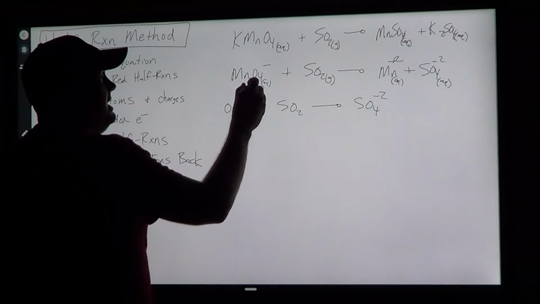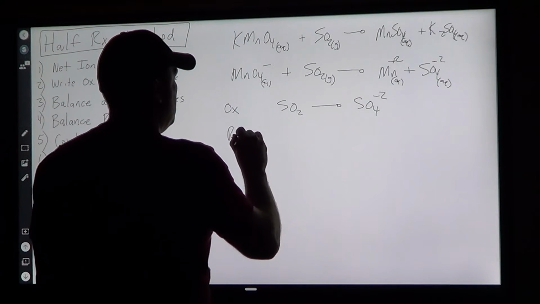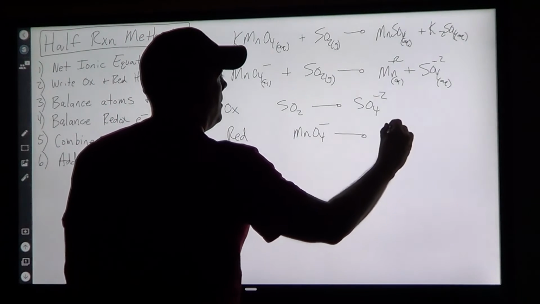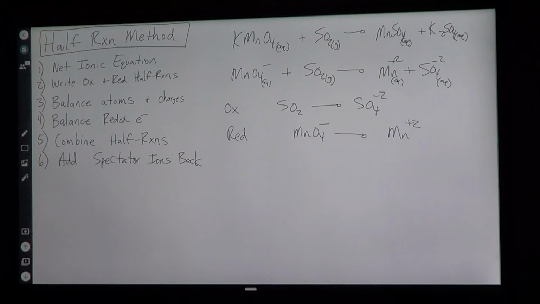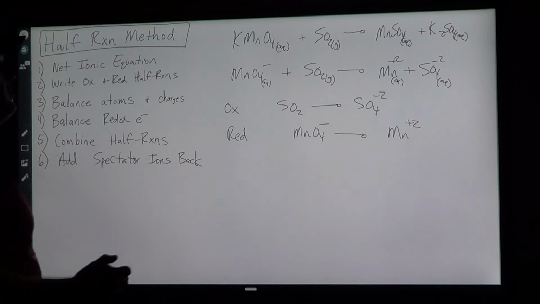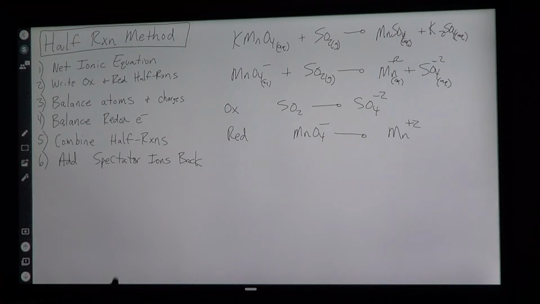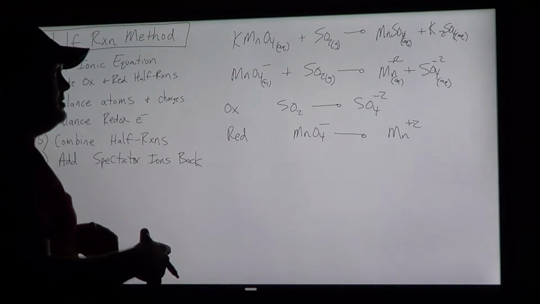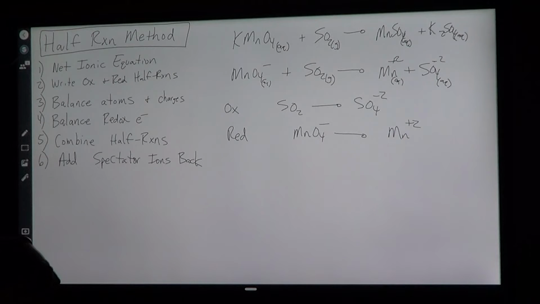And if you look at the manganese, it's going from 4 oxygens down to 0. So it is being reduced. So these are our two half reactions. Every step we do from here forward is going to be to expand these half reactions so that we can put it back together at the end and figure it out.